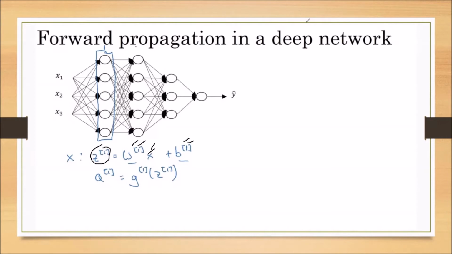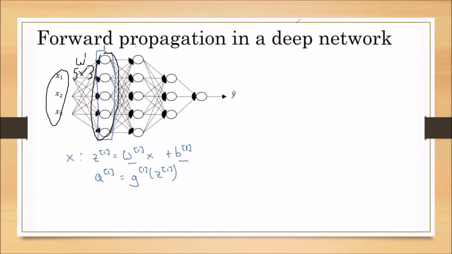Here we already know W1 is the matrix consisting of parameters that control the activation functions of the first layer. The W1 matrix size is 5 by 3 because the number of activation units in the first layer is 5 and the number of activation units in the previous layer is 3. So the W1 matrix is 5 by 3.